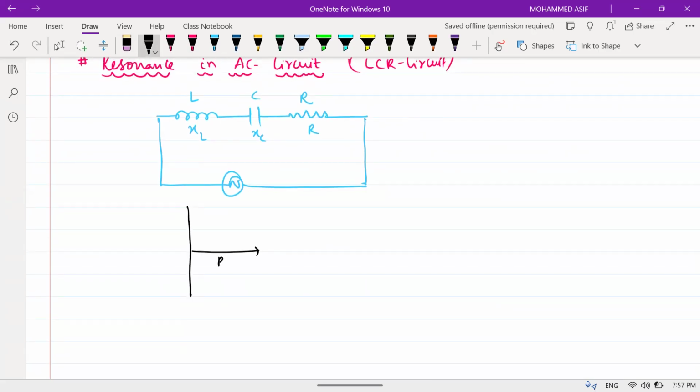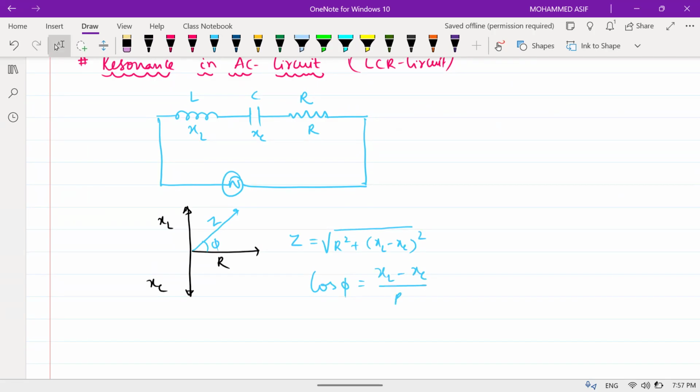How do you calculate the impedance for this one, beta? This will be equal to your R, here it will be your XL, and down will be equal to your XC. The impedance is Z, making an angle phi. So the Z value will be equal to the square root of R squared plus (XL minus XC) whole squared. Clear? The condition is XL greater than XC.